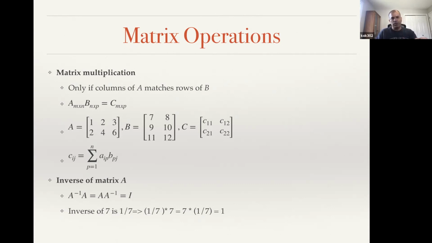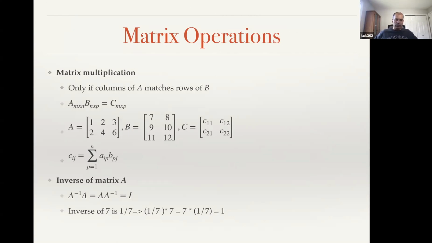And as you can see, the number of columns of A matches the number of rows of B. And every element in the resulting matrix is calculated by this Cij formula. It looks a little bit scary, but all it is that you take row 1 and column 1, multiply the entries correspondingly, and add them up. And you repeat that for every element in the resultant matrix.